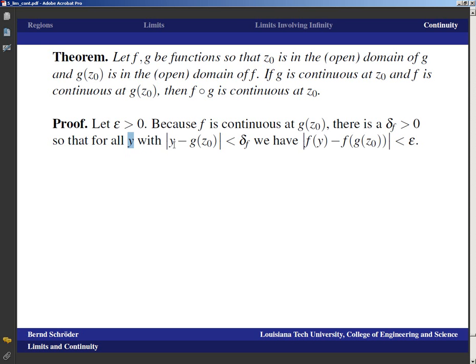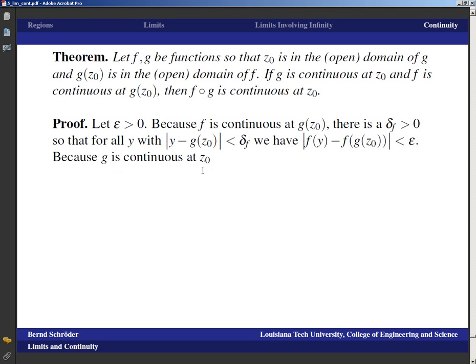For all y so that y minus g of z0 is smaller than delta f, we have that f of y minus f of g of z0 is smaller than epsilon. That is just the definition of continuity of f at g of z0. It's just a little bit of a pain to put in all the notation.